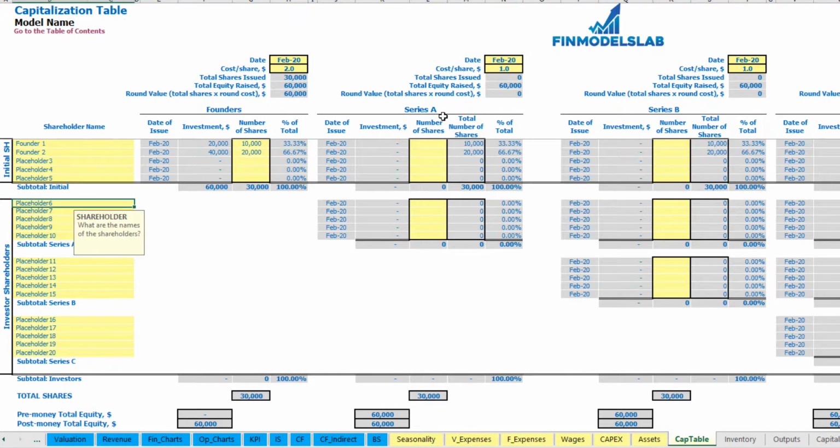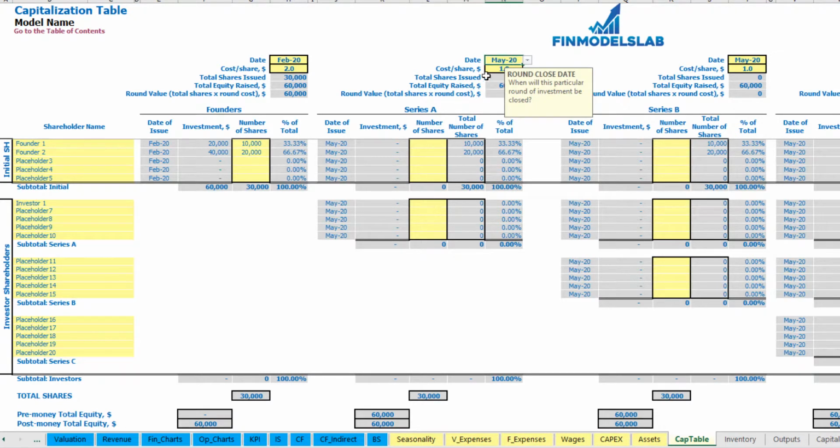So let's pretend that for Series A we have one investor and the date of issuance is May. Cost per share is $5 per share and number of shares is 1,000. So total amount of investment will be $5,000.